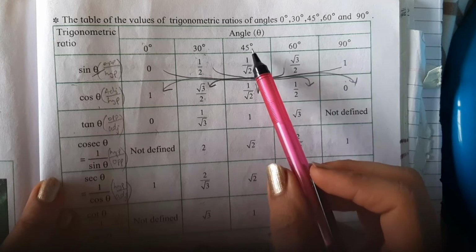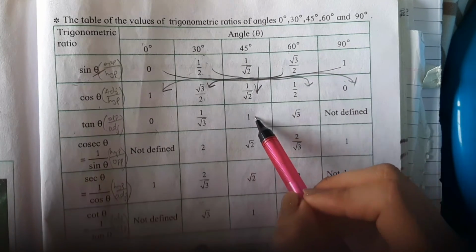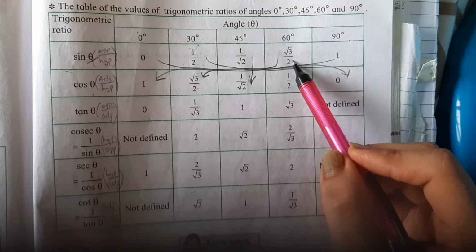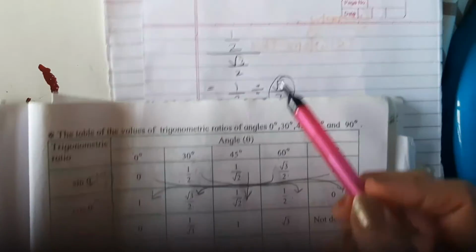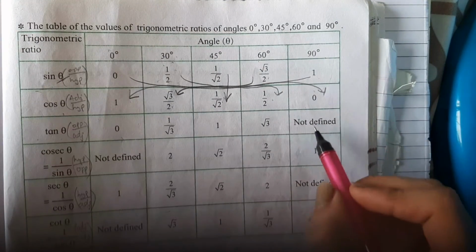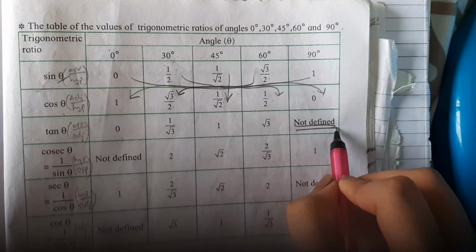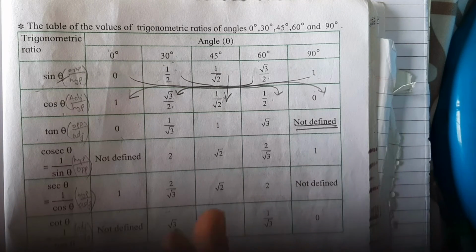Then tan 45 is 1 by root 2 divided by 1 by root 2, which is 1. Tan 60 is root 3 by 2 divided by half. Again by the same method, we will get root 3. Now why is tan 90 not defined? Not defined means 1 upon 0. 1 upon 0 is infinity, and infinity we can't define.